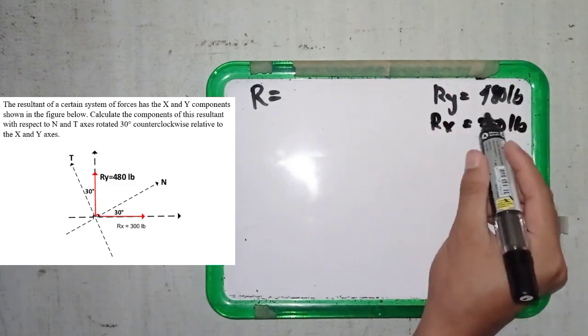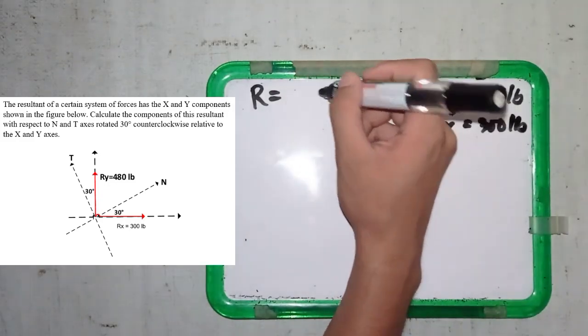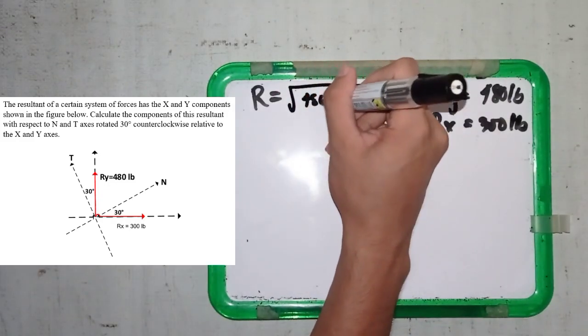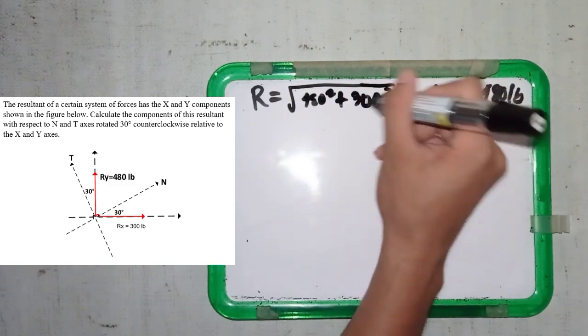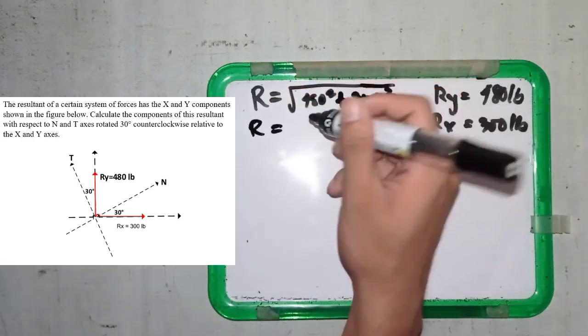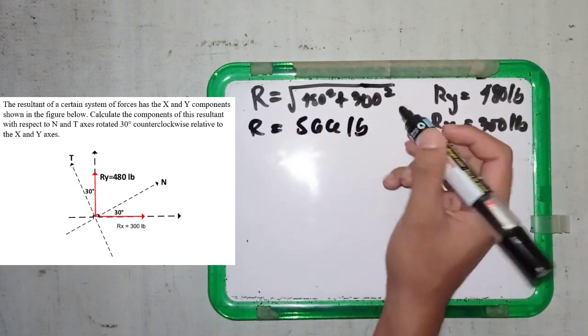Next, we need to add their squares and take the square root of it. So this will be 480 squared plus 300 squared. What we have here is the resultant magnitude, which is 566 pounds.